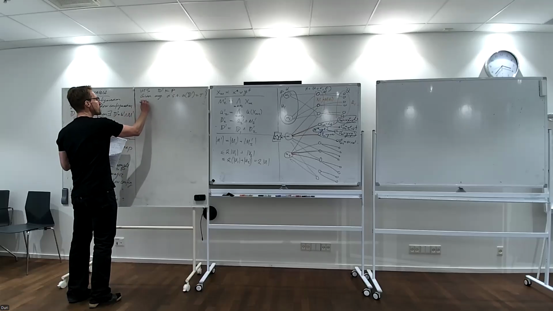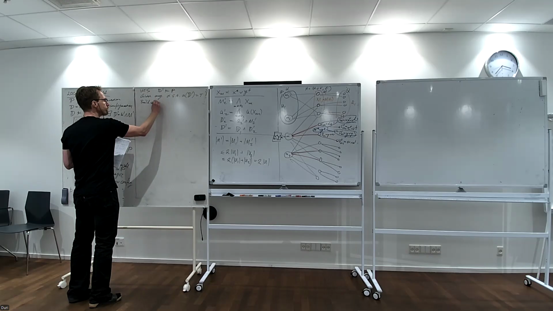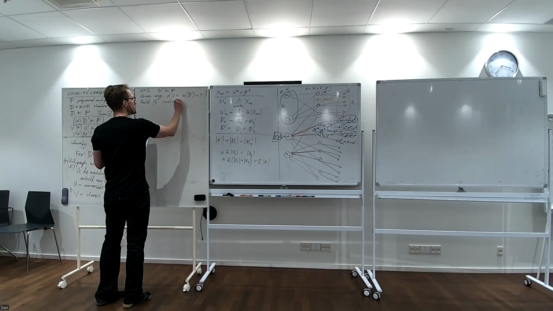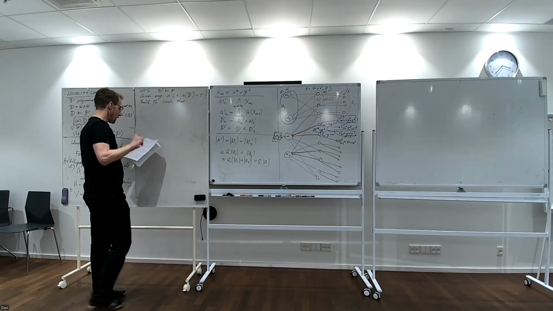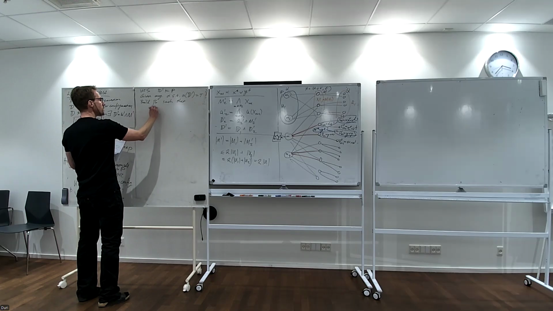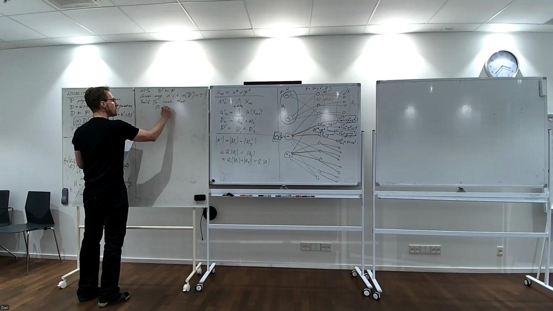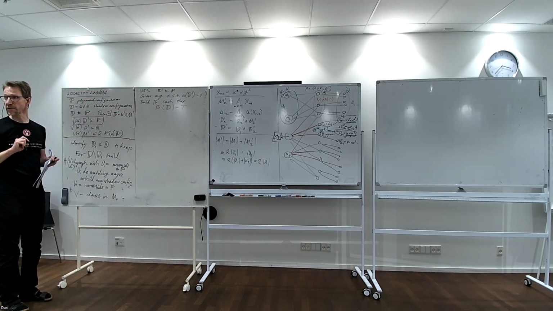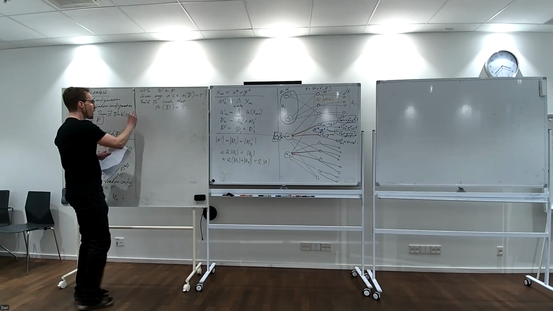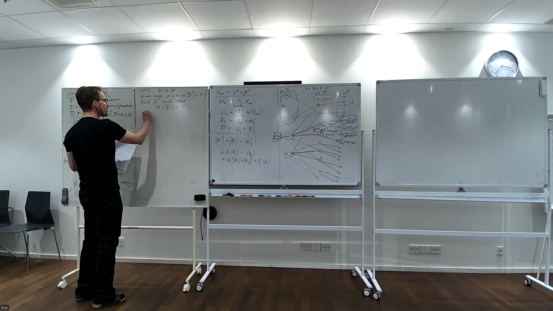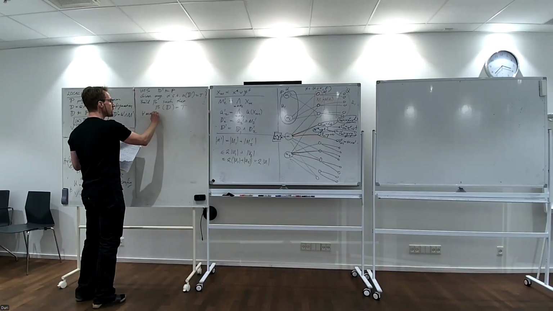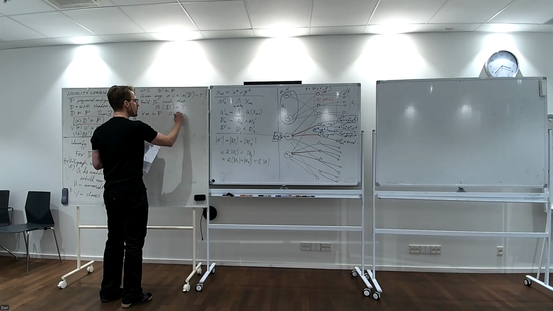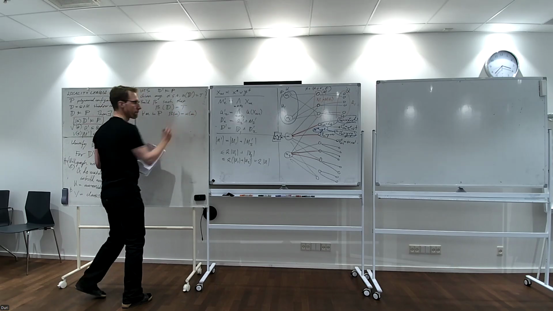I'm going to build another assignment, beta, with two properties. Beta will satisfy D, our original shadow configuration. And then I'm going to prove that for every monomial M in P, beta of M agrees with alpha of M.